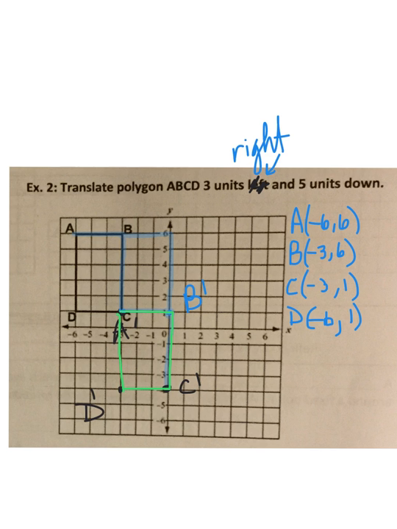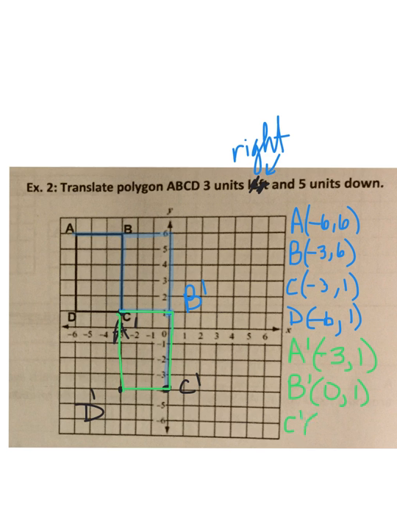There's something interesting to see. The original, or the pre-image, point A was the ordered pair -6, +6. A prime is the ordered pair -3, +1. B prime is the ordered pair 0, 1.